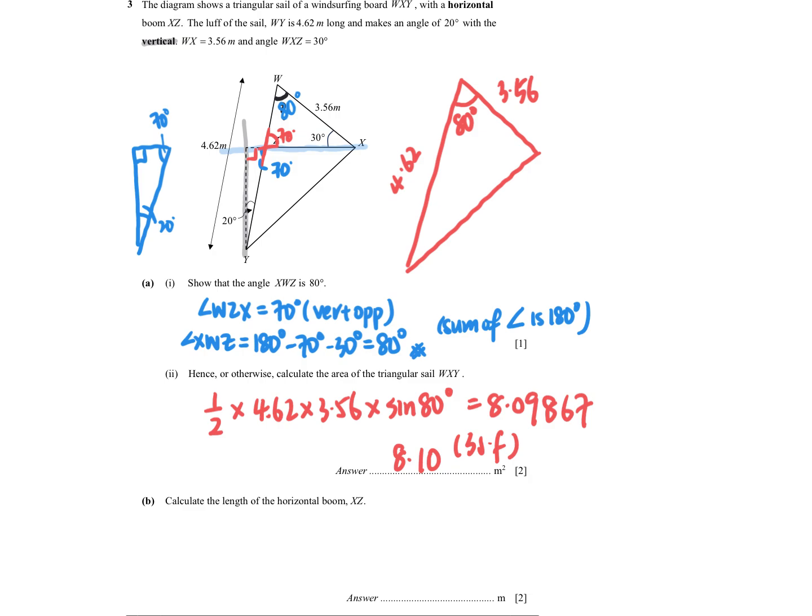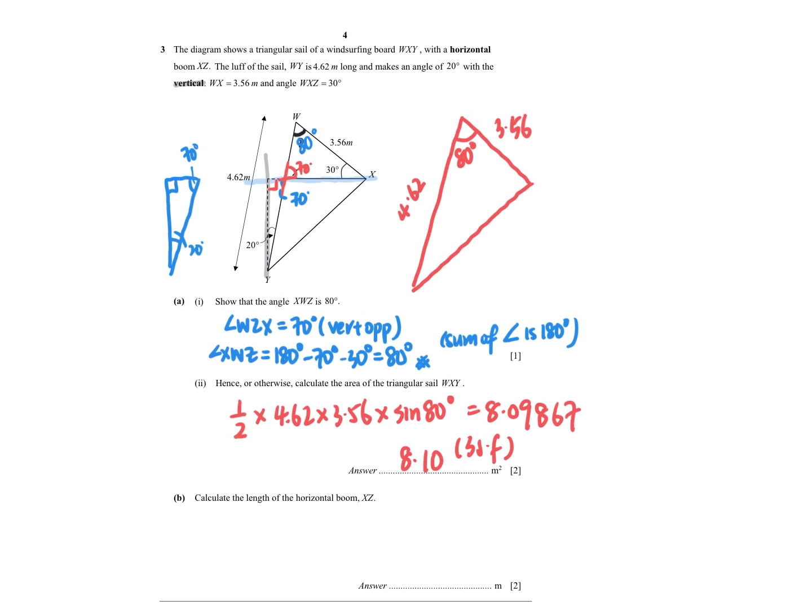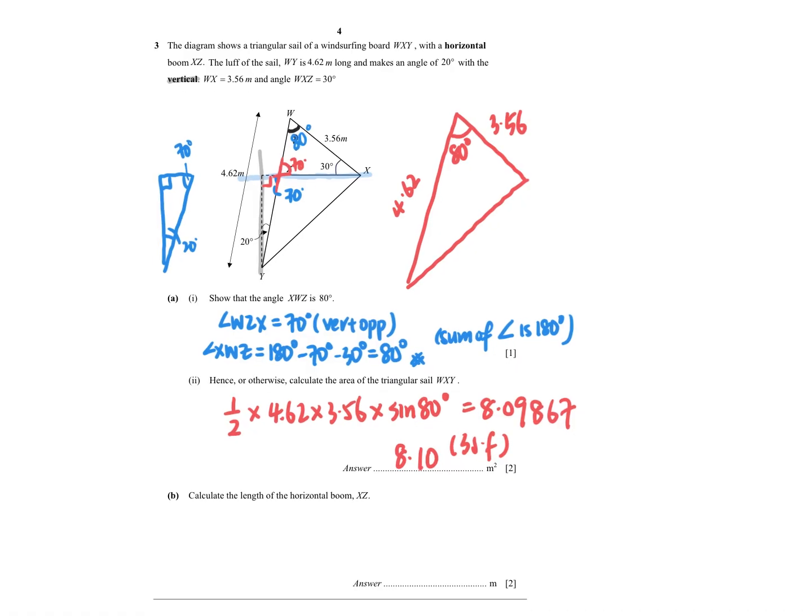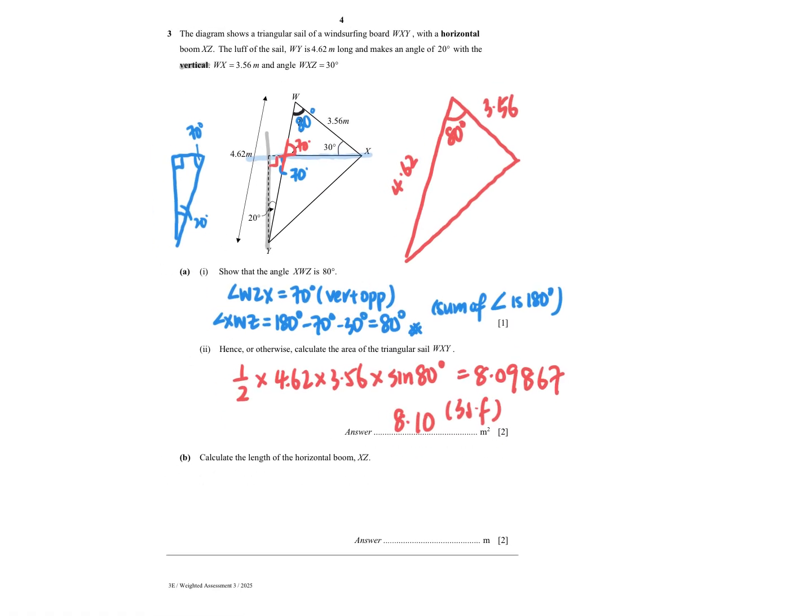Okay, next one, they want you to find the length of the horizontal boom XZ. If you look at this triangle, this smaller portion WXZ, this is 30, this is 80, this is 70.